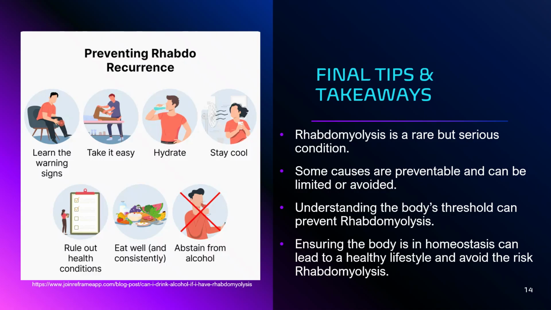Regarding exertional rhabdomyolysis, specifically strenuous exercise, understanding the body's thresholds, working within those limits, and not passing them can help avoid rhabdomyolysis. In addition, ensuring the body stays properly hydrated and electrolyte levels are balanced will not only lead to a healthy lifestyle, but also avoid the risk of rhabdomyolysis.